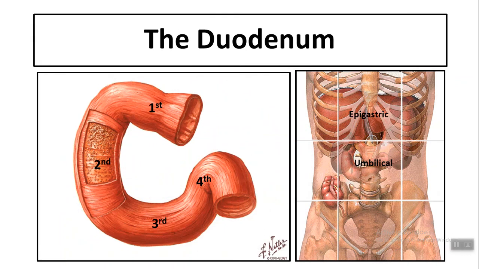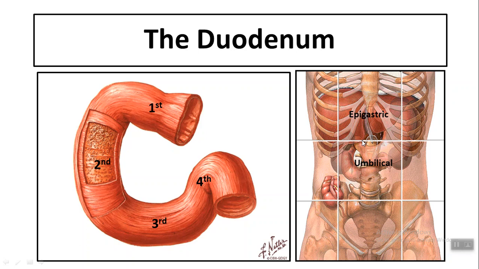First, we will take the first part, which is the duodenum. The duodenum is a C-shaped muscular tube that extends in the epigastric and umbilical region.